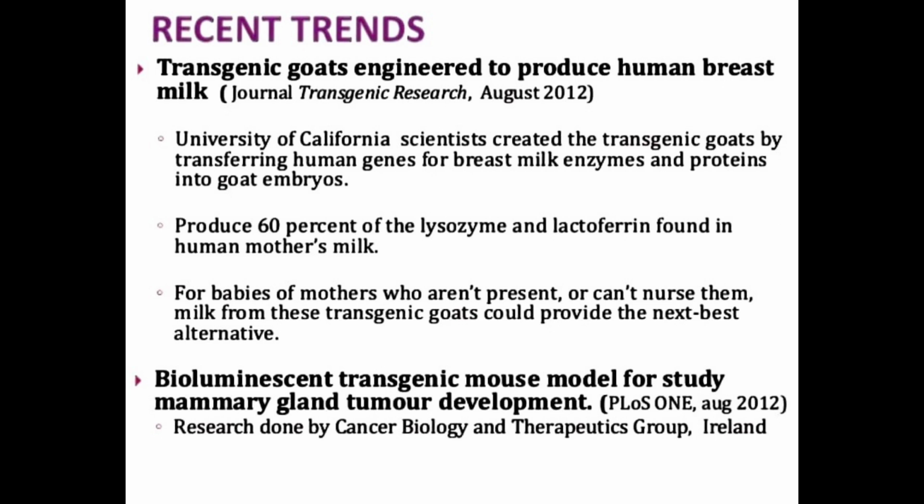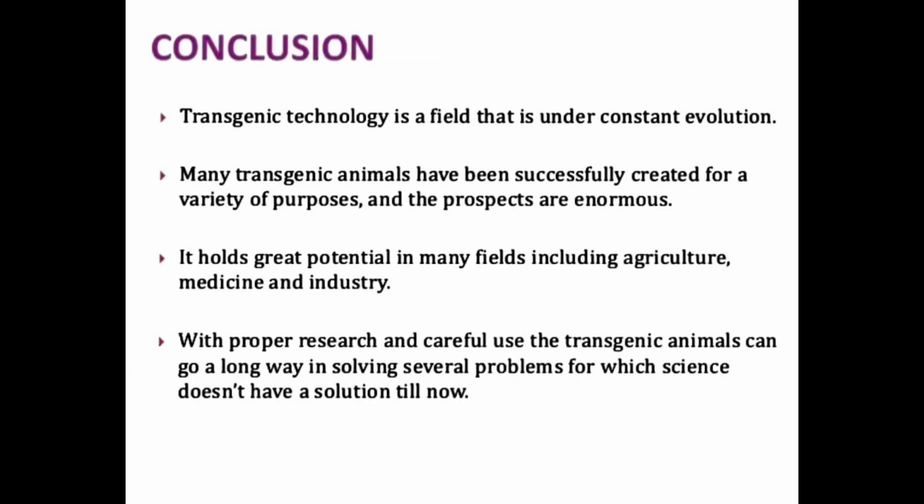For babies of mothers who aren't present or can't nurse them, milk from these transgenic goats could provide the next best alternative. Bioluminescent transgenic mouse model for study of mammary gland tumor development. Research done by Cancer Biology and Therapeutics Group, Ireland.